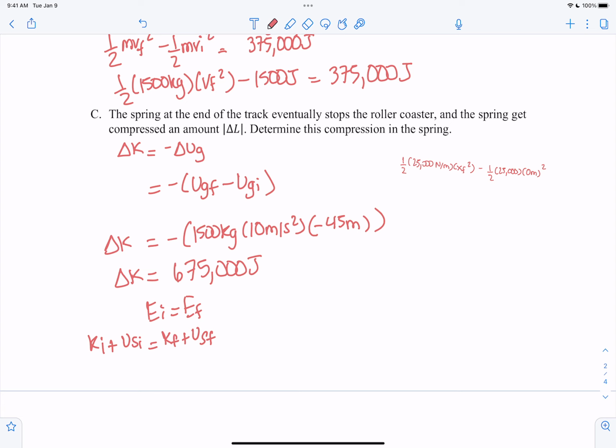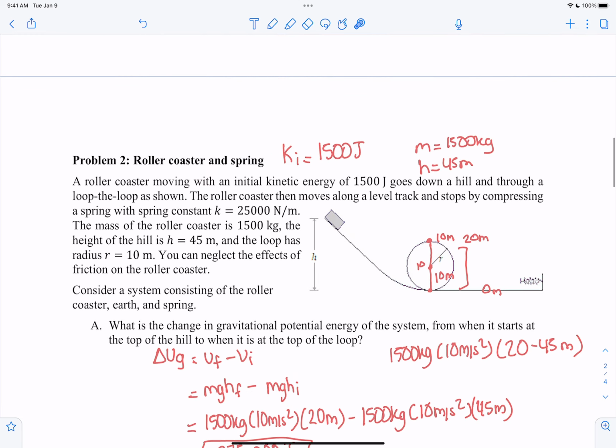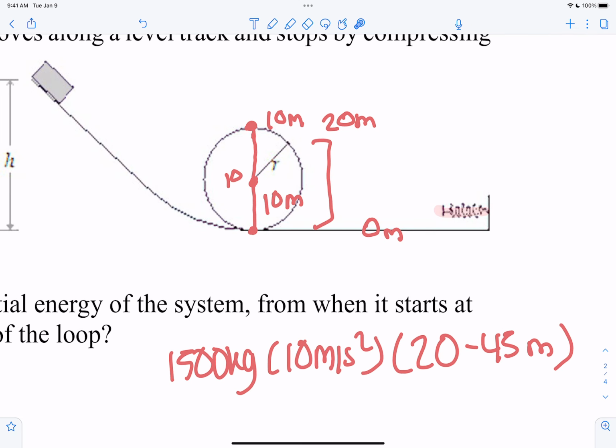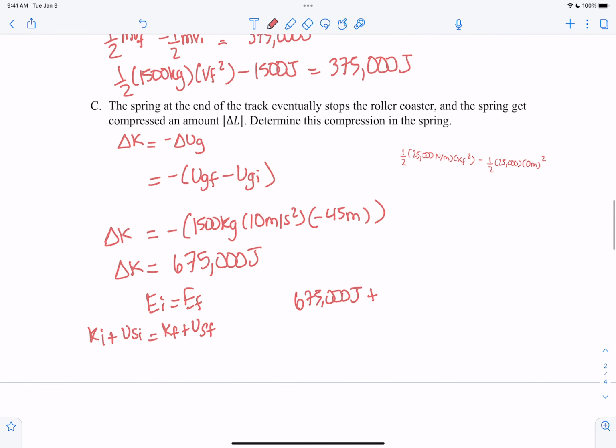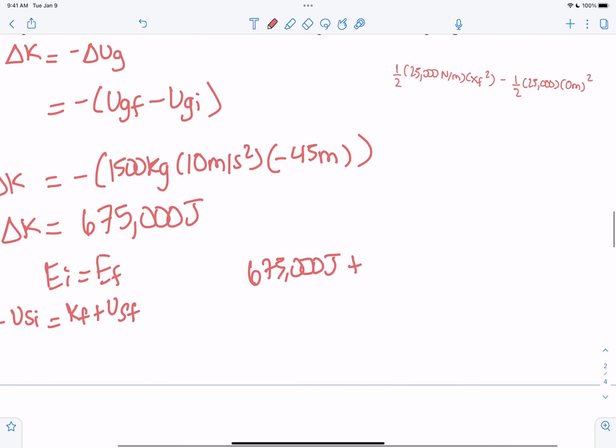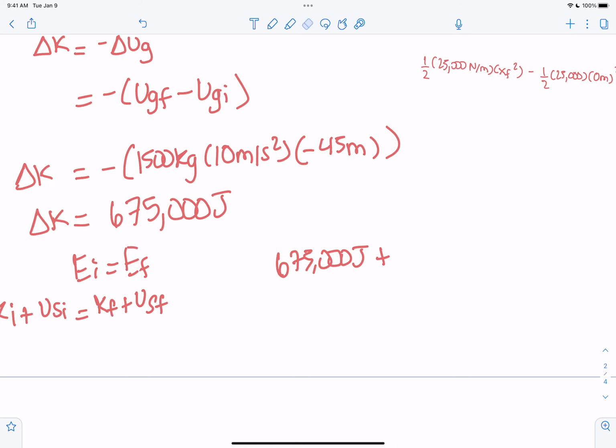In that case, our initial kinetic would just be equal to the 675,000 joules. That's our initial kinetic. Our initial spring potential would just be equal to 0, right? Because initially that spring isn't in contact with anything. It's at its equilibrium position. So if US is equal to half kx squared, that spring hasn't been moved yet. So the displacement is 0. So in that case, USI would be 0, right? And then that equals KF, right?